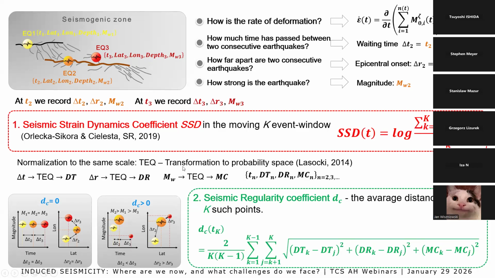So we use the transformation to equivalent dimension, which was introduced by Stanisław. So each parameter is transformed to its probability distribution, the cumulative distribution function. And then we calculate the average distance between points in the window.